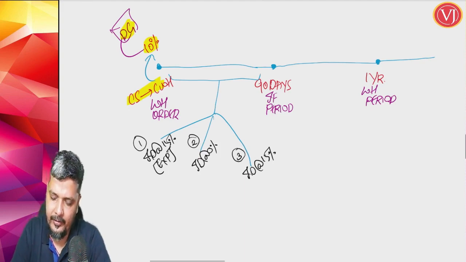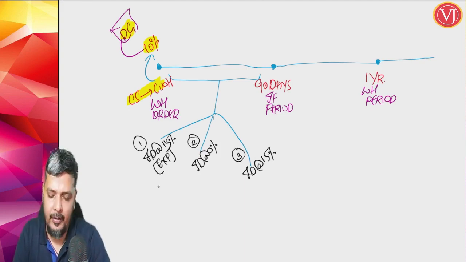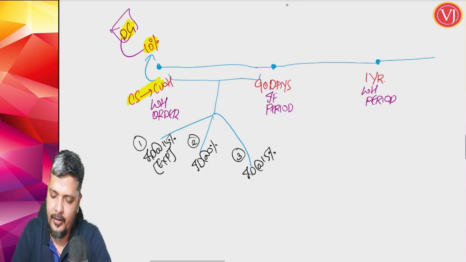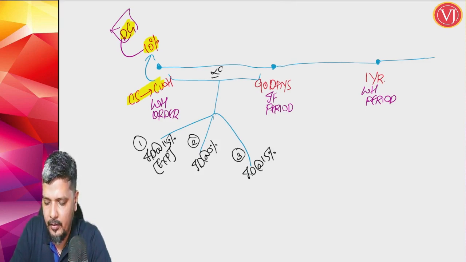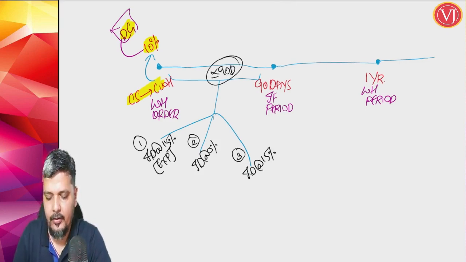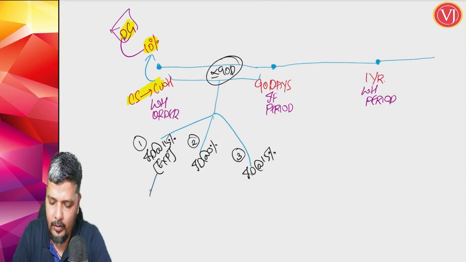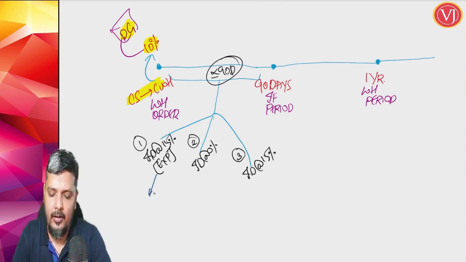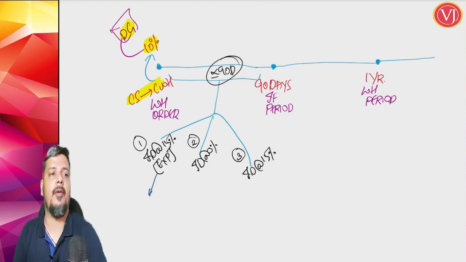Think and logically answer. When import duty rate is 15%, when you are exiting the warehouse, you are exiting within 90 days. So in case 1, what will happen? Though it is within 90 days, the rate of duty is 15%. So what rate of duty is relevant for payment?